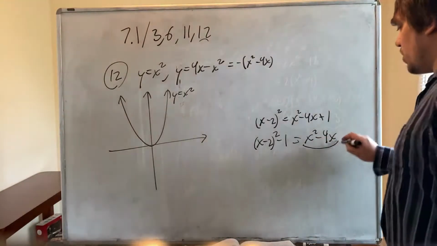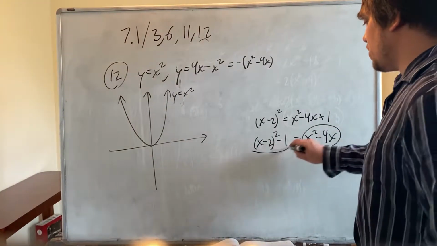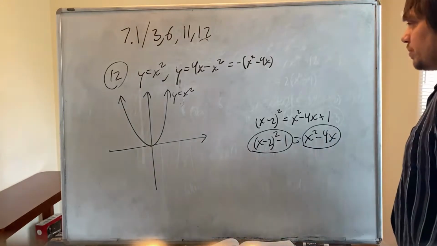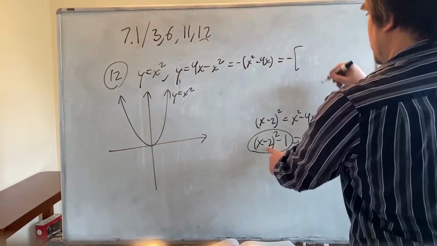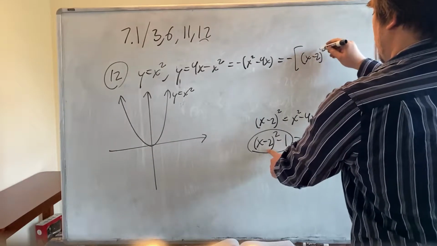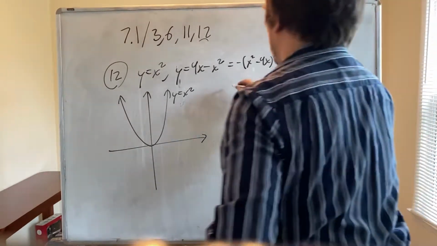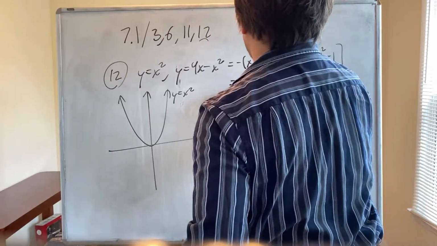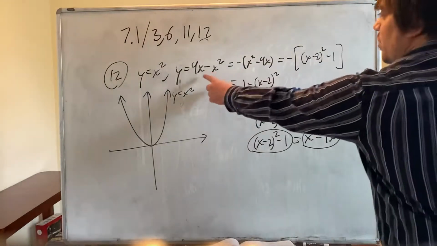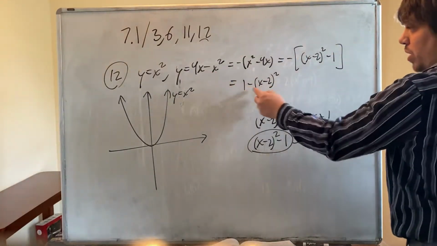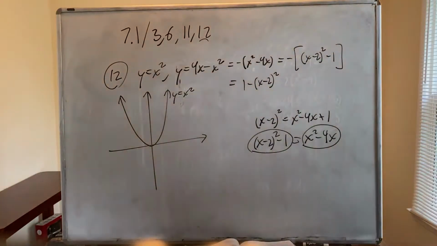So here, x squared minus 4x is the same as x minus 2 squared minus 4. And so the negative of x squared minus 4x is the negative of x minus 2 squared minus 4. And so that's equal to 4 minus x minus 2 squared. And so y equals 4x minus x squared is also equal to 4 minus x minus 2 squared.